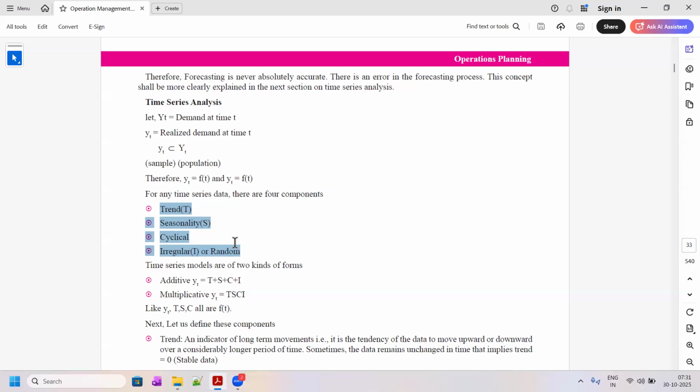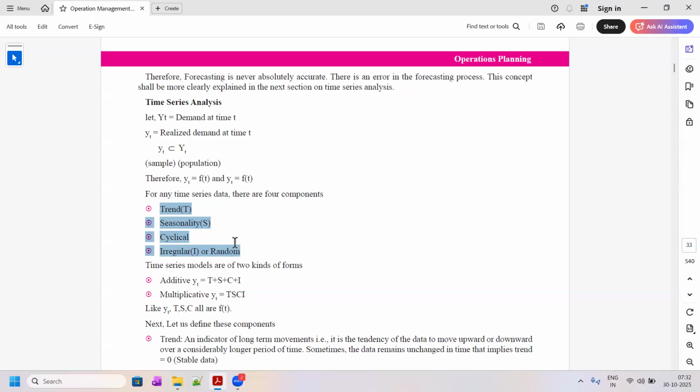So when we talk about time series analysis, trend shows the long-term direction of data, upward, downward, or stable over time. Seasonality represents a regular and repeating pattern within the year. I'll give you an example. Seasonality and cyclicity are similar; the behavior is similar, but the time period would be shorter.